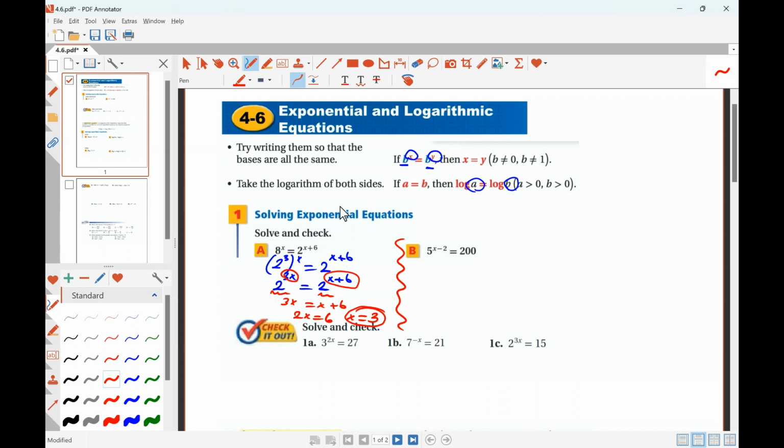The second property says take the logarithm of both sides. So write this as log 5 to the power of x minus 2 equals log of 200. Since I am not writing any base here, I am using a common logarithm, and the invisible base is 10. Let's remember section 4.